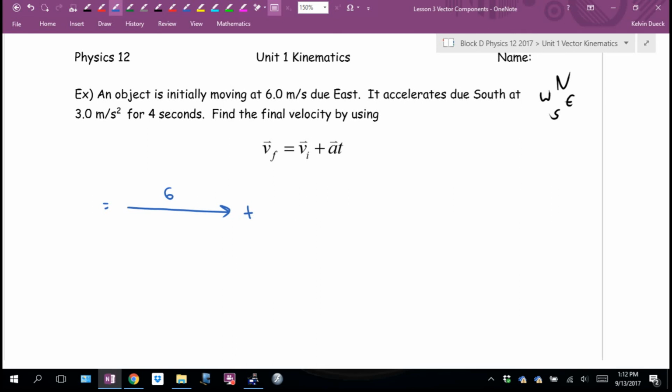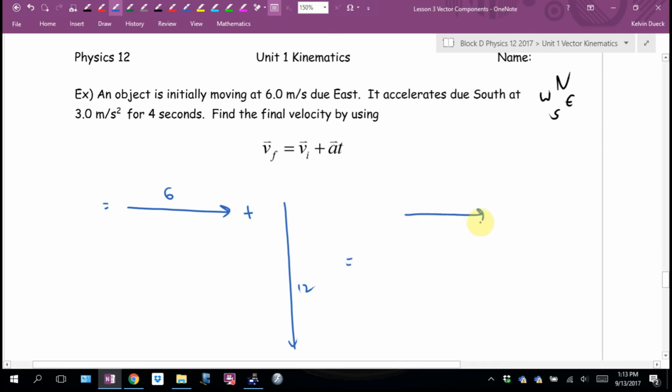What's A? Direction? What's 4 times 3 south? Hey, last day I said it's easy to multiply a scalar onto a vector. You just multiply them. It's going to be 3 times 4, which is what? Direction? When I add those together, that will be V final. Still works. I just end up adding pictures instead of just going, what's VF, what's VI, and plugging them in mindlessly.